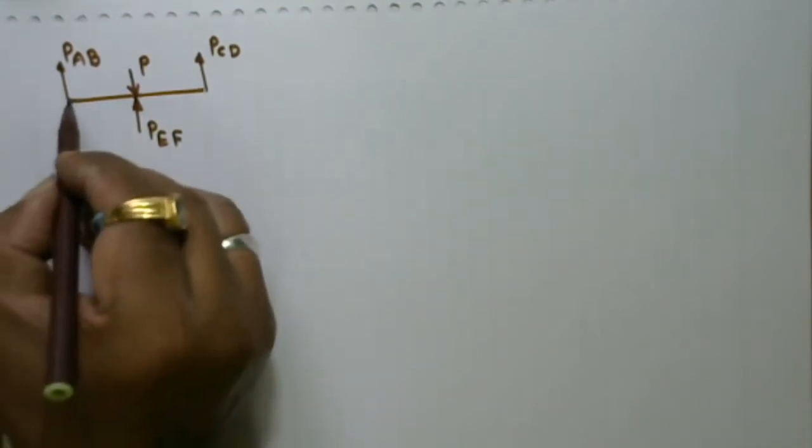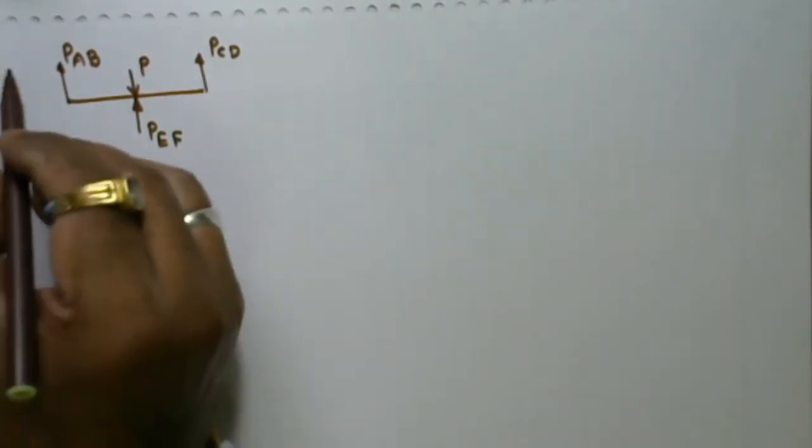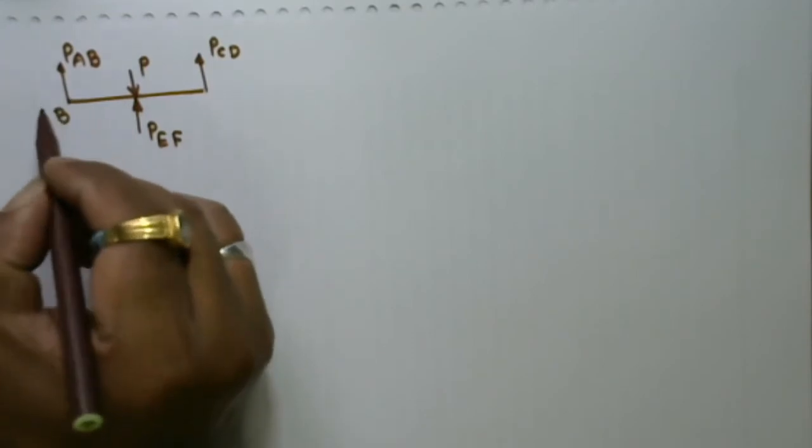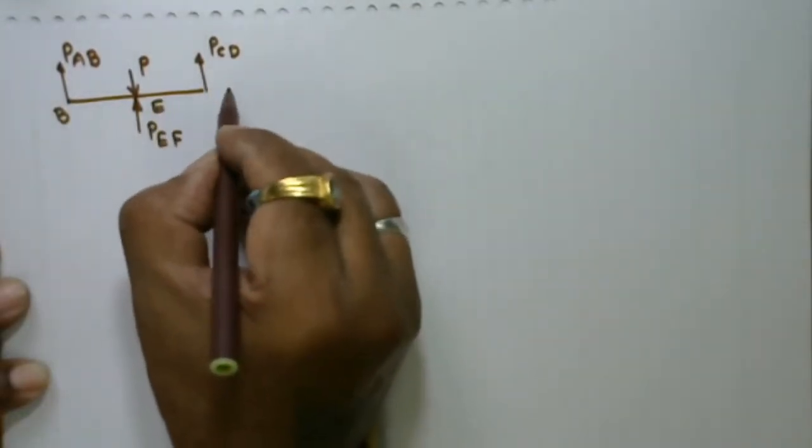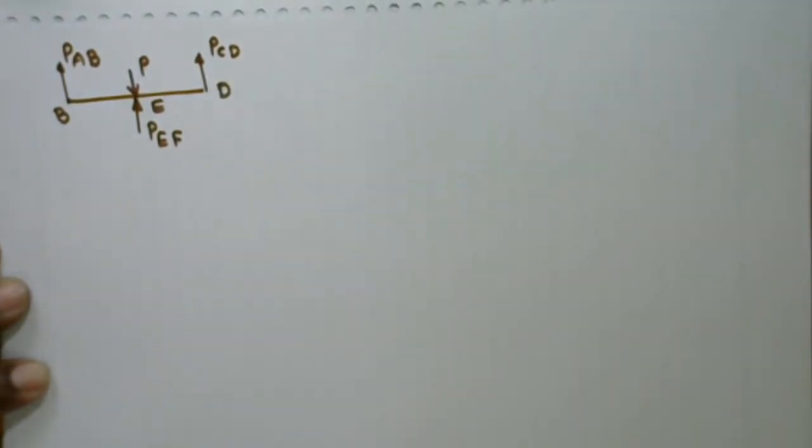In this case we say this point is B, this point is E, and this point is lastly D.